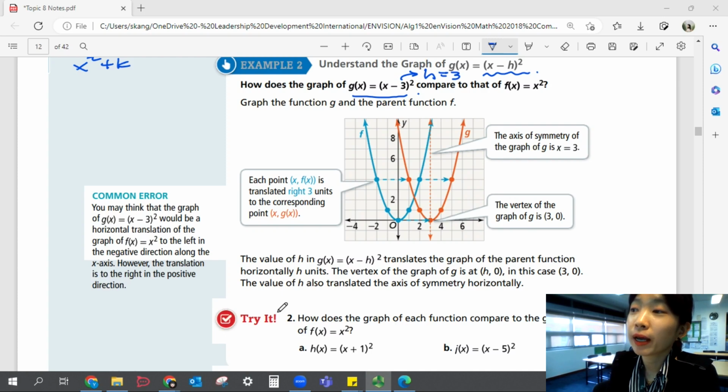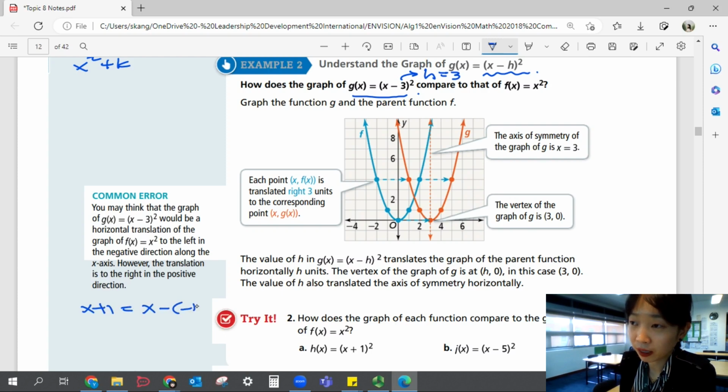So, compared to the parent function x squared, how does h of x move? You have x plus 1, the whole thing first, and then squared. So remember, your form is x minus h. So in this case, if it's x plus 1, what is it really? x plus 1 is really x minus negative 1.